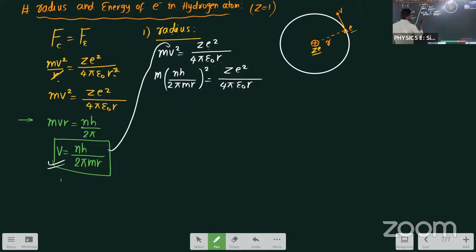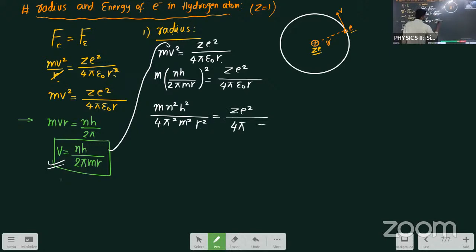If I square this, it becomes m into n square h square divided by 4 pi square m square r square, equals Ze square divided by 4 pi epsilon naught into r.